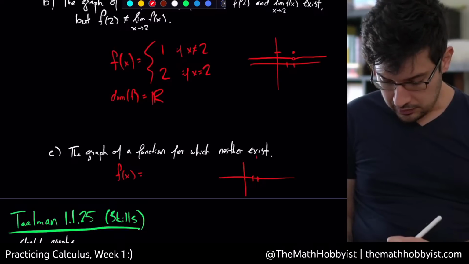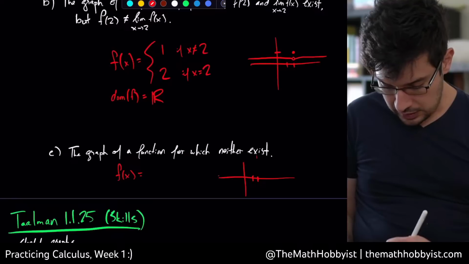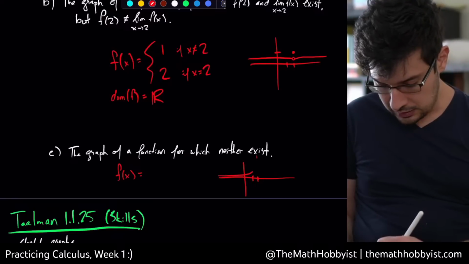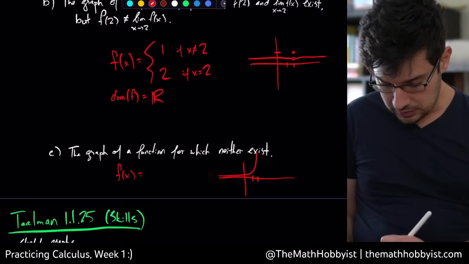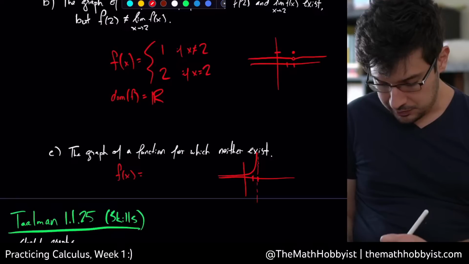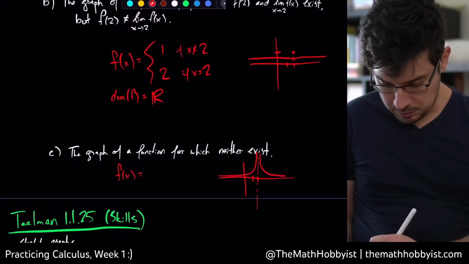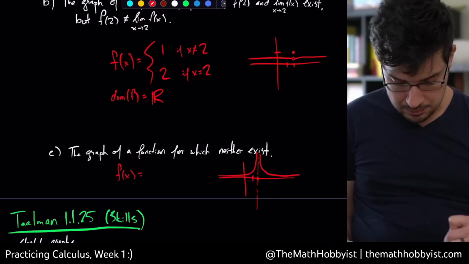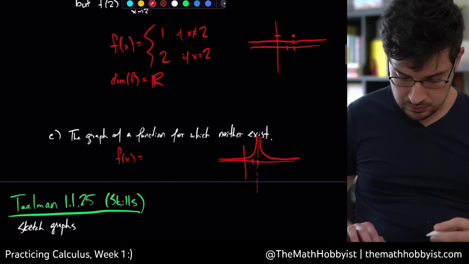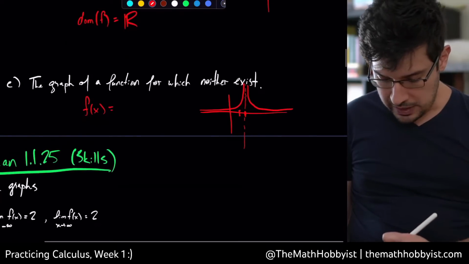One is if, say, the function has a vertical asymptote. That's one way. And this could be, so there's one graph.